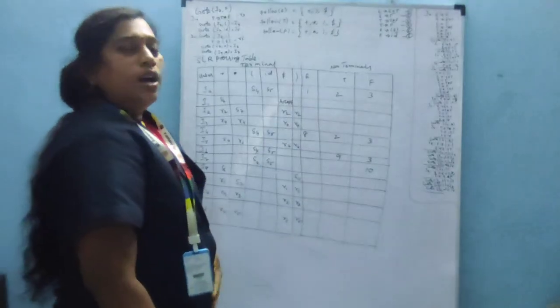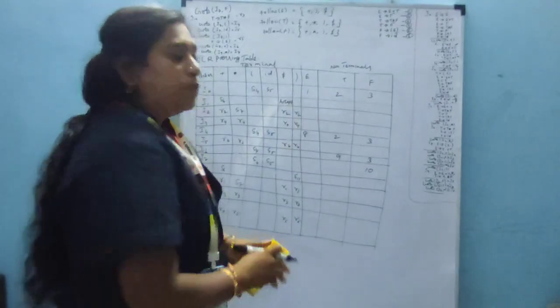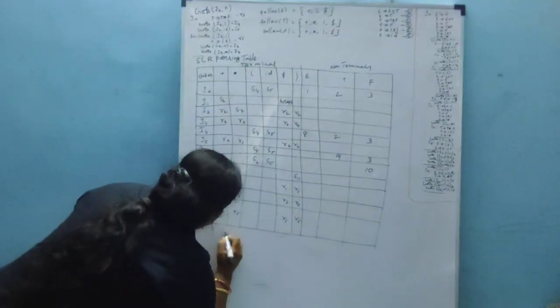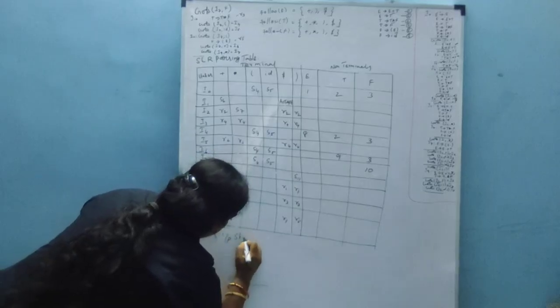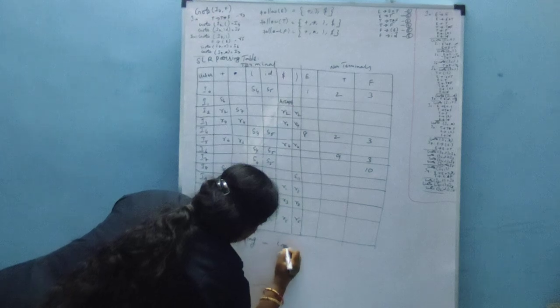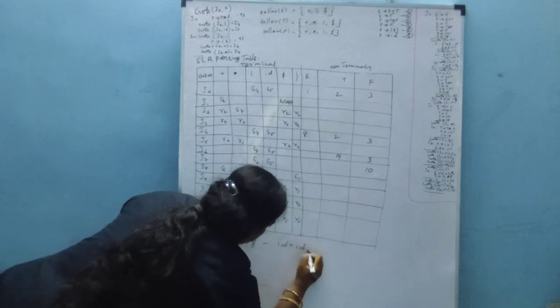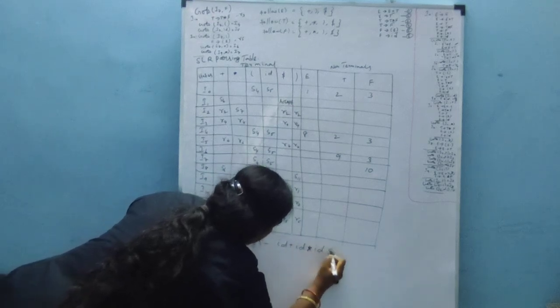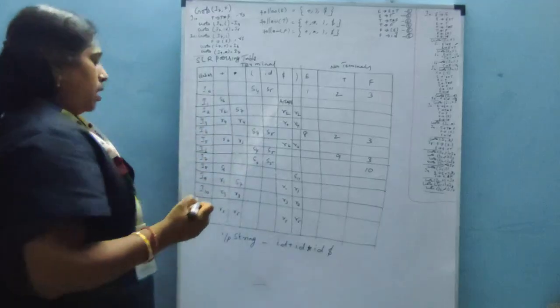After this, we have to parse the input stream. For example, take id plus id star id dollar as an input stream.